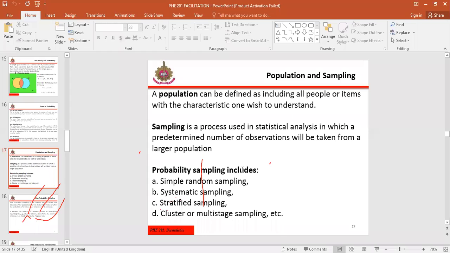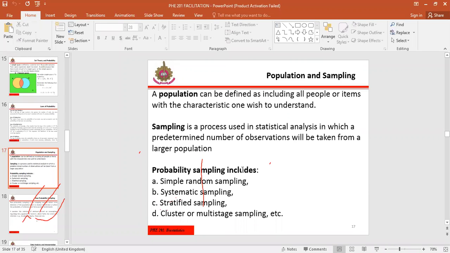Now, systematic sampling. Systematic sampling has to do with arranging your population in a systematic manner, such that based on that, I can decide to pick. I'm still using your class as an instance.